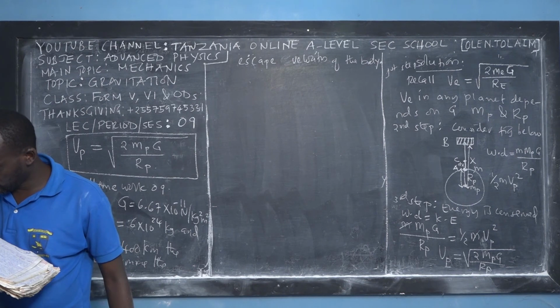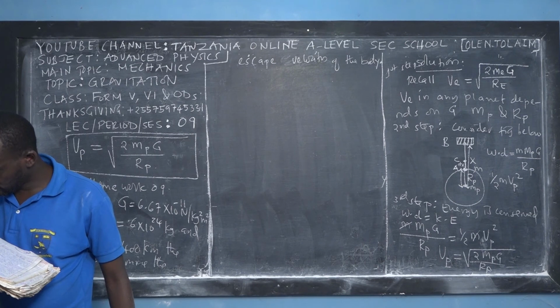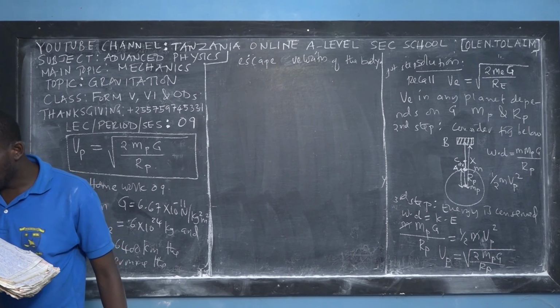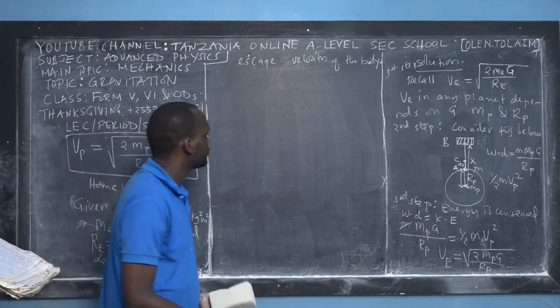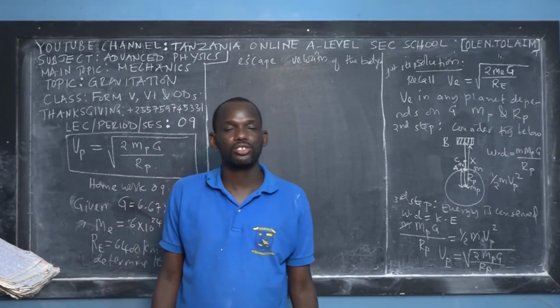So this is, we say, twice the mass of the Earth, 6 times 10 to the 24, times G. Everything is clear. Okay, so if that's the case, this is the end of session, lecture, or period 9.